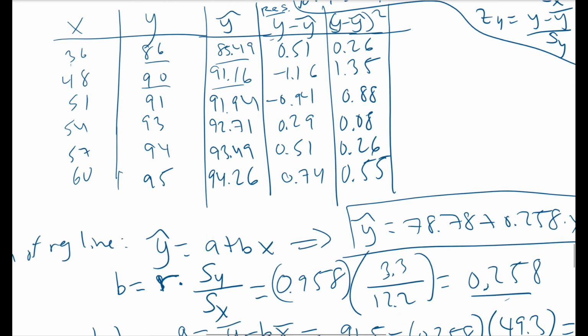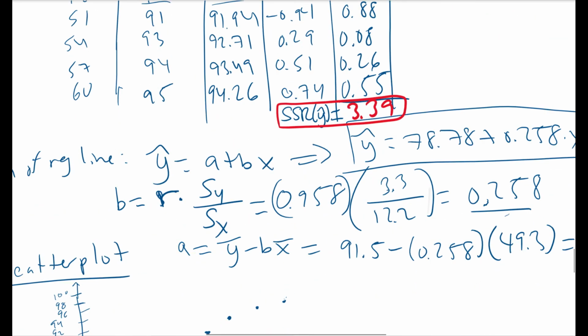All right, now we sum those residuals. We do the total, basically. So the total for that, I'll do it in another color. It's going to be, let's see here, 3.39. Okay, so that's the total. I'll just box that to emphasize that. Okay, so that's our total.